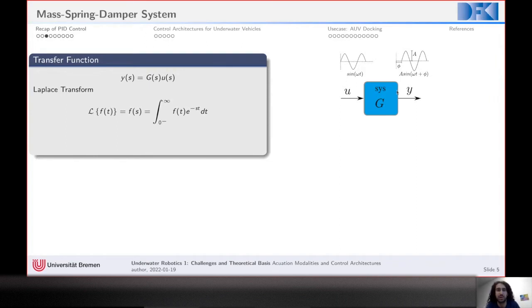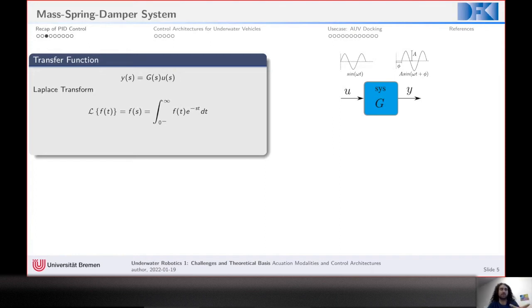If we have a system G, assuming that this is a linear system, and we give it as input some wave, let's say sine omega t, the response of the system will be of this form. It will vary the amplitude of this signal, and it will cause a phase shift. This phase shift we can see here as phi.